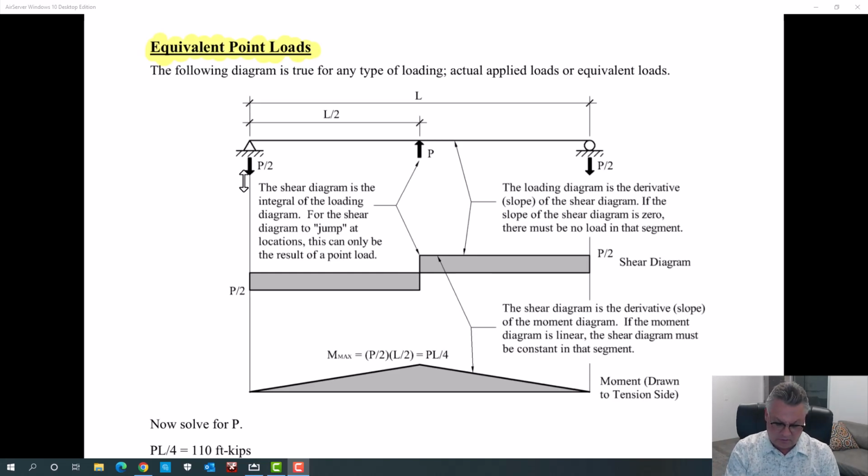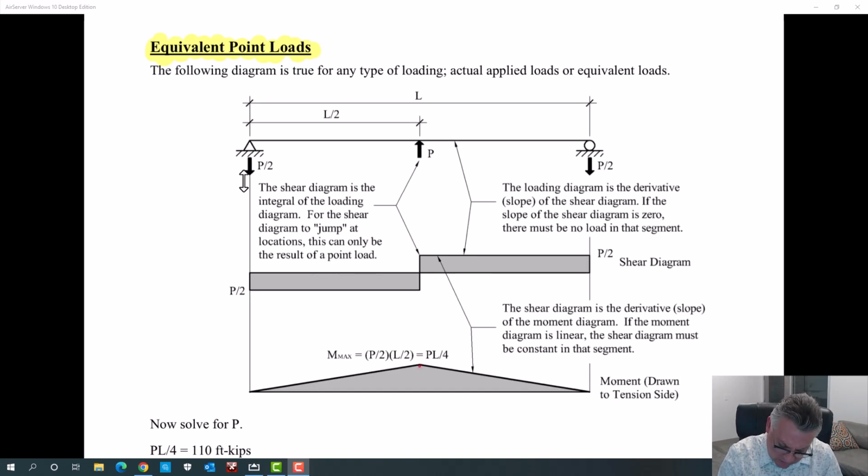You remember that. So the area under the shear diagram creates the moment diagram. And the derivative of the moment diagram creates the shear diagram. So you can work in either direction. But if you have a linear moment diagram, you must, by taking the derivative of that, have a constant shear diagram.